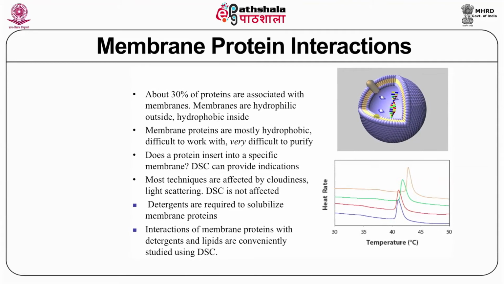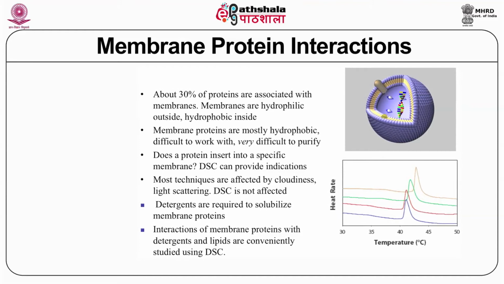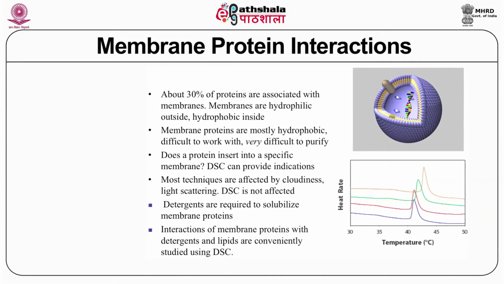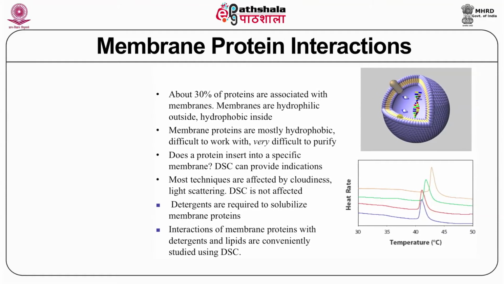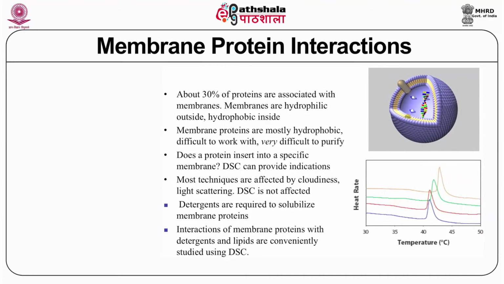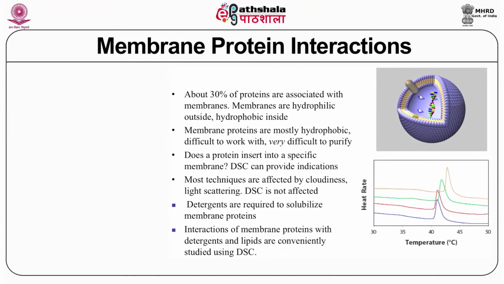Also, detergents are required to solubilize the membrane proteins, and interactions of the membrane proteins with detergent lipids can be studied using the DSC. A lot of the time you use detergent in the preparation of membrane proteins.